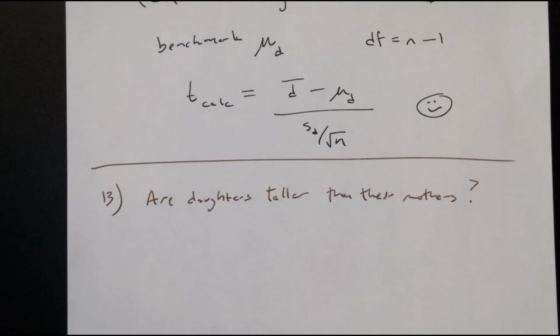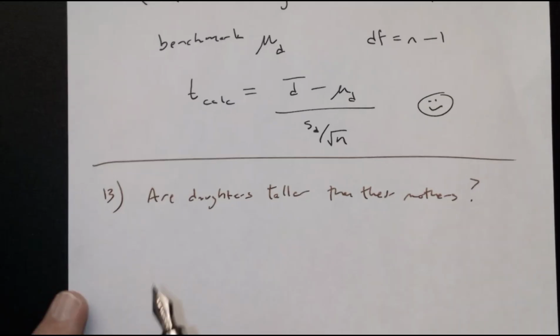So the data as listed, provided to us in chapter 10's data files under the file titled height in the chapter 10 zip file that's on our Canvas page, is a list of daughters' heights, list of mothers' heights. Let's define the difference.